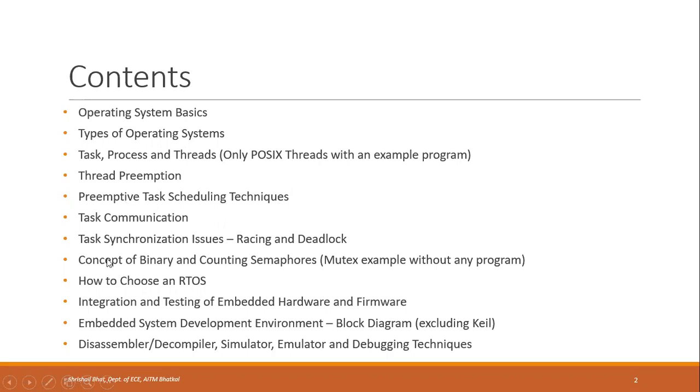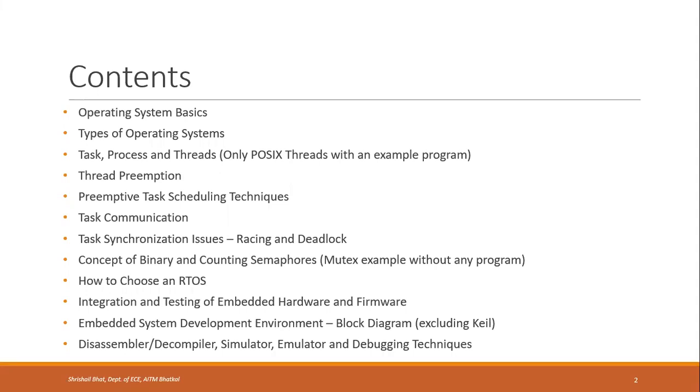Then you also have the concept of binary and counting semaphores. We are going to study semaphores, binary semaphores and counting semaphores. In that, we will study mutex, one example of mutex semaphore without a program. Then we have the concept of how to choose an RTOS among the different operating systems available, which one to choose and what are the criteria in choosing an RTOS.